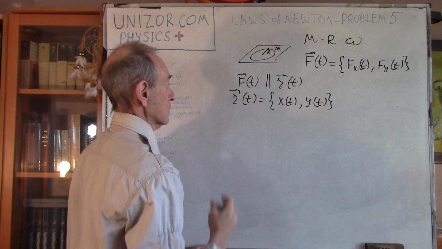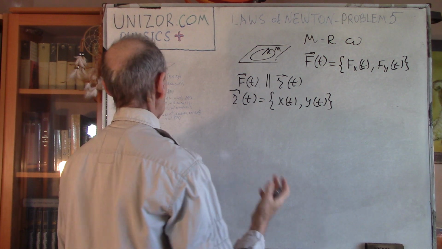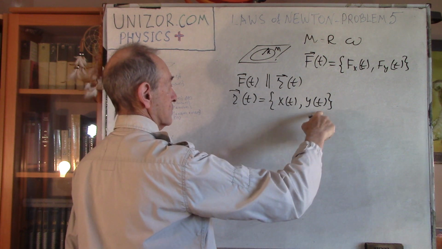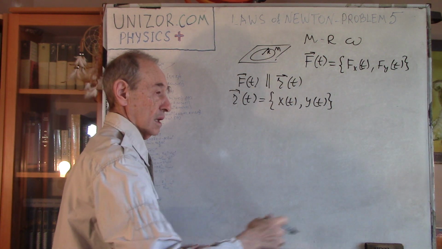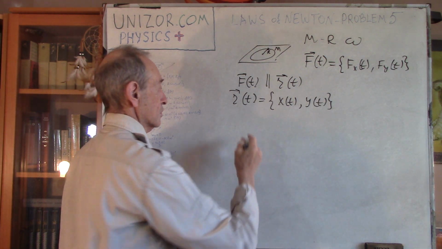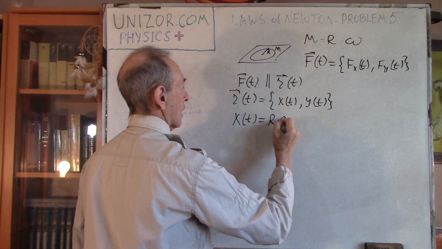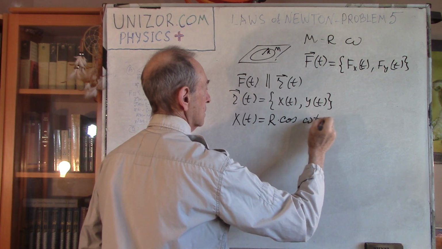Let's try to use this. We know what x of t and y of t are. It's a uniform rotation, which means x of t is equal to r cosine omega t.